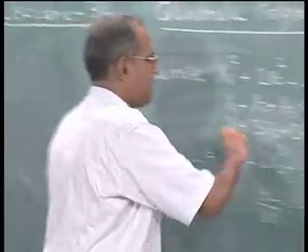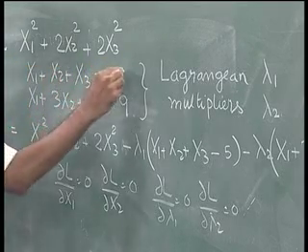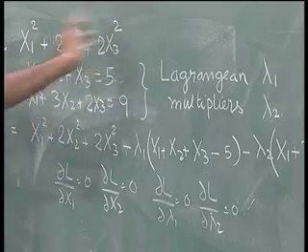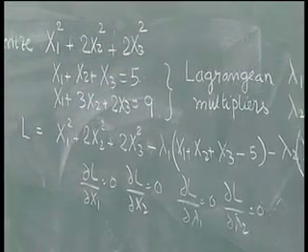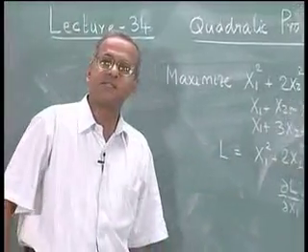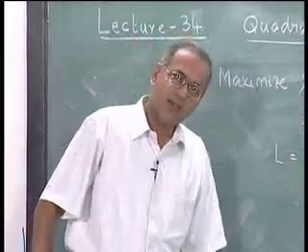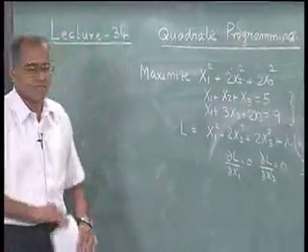Whenever we have equations, we can use the method of Lagrangian multipliers: introduce as many Lagrangian multipliers, take them into the objective function, and then use dou L by dou x equal to 0, dou L by dou lambda equal to 0, and solving the resultant system would give us the corner point. Except that we need to know how to solve the resultant system.